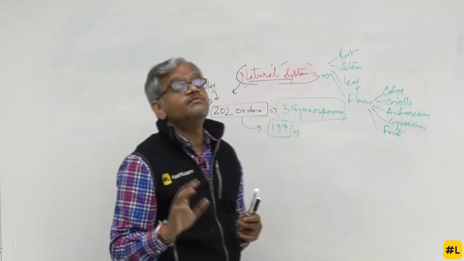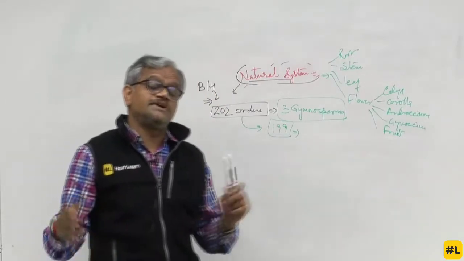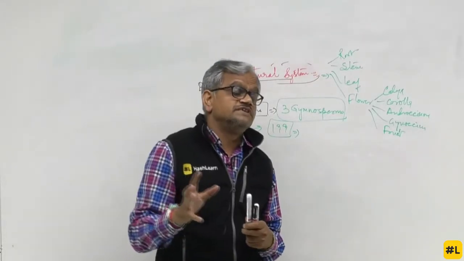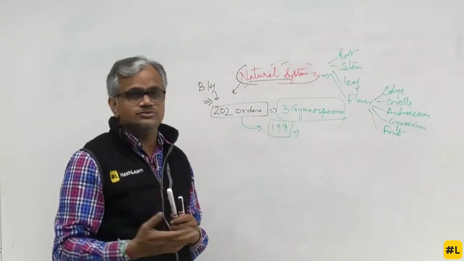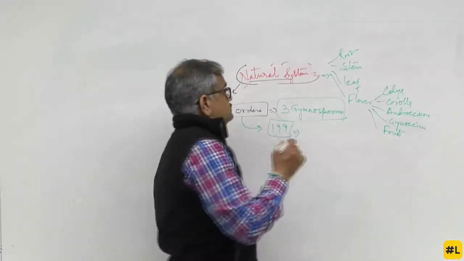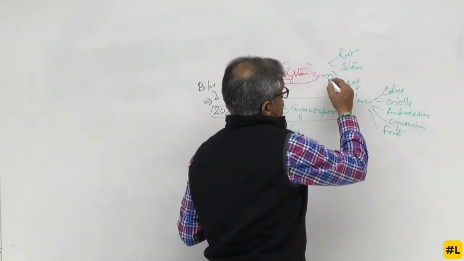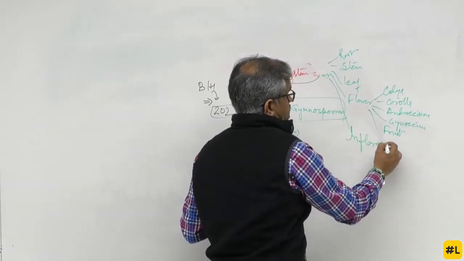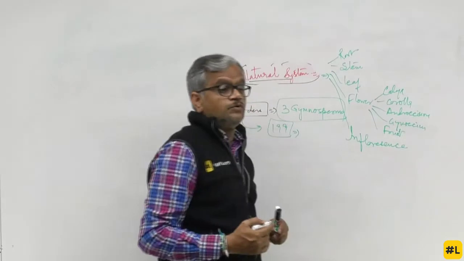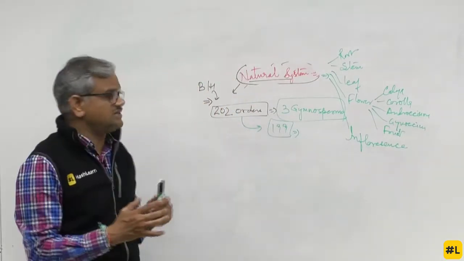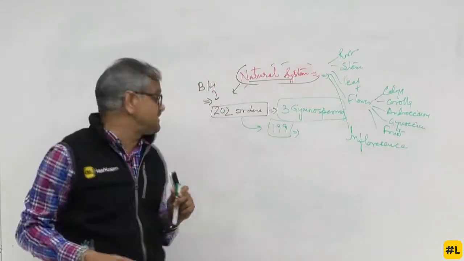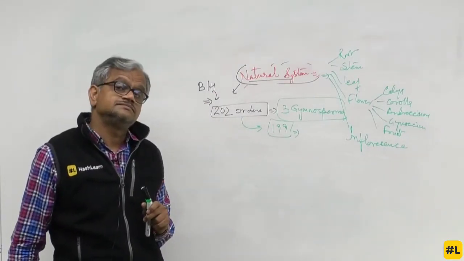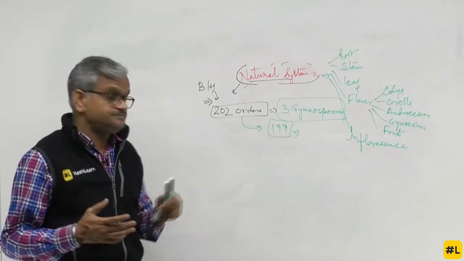Then fruit, what type of fruit it is, schizocarpic, dehiscent, indehiscent, whether it is capsular, non-capsular, and so on and so forth. Then inflorescence, how the flowers are arranged. So if you talk about any feature, everything this gentleman has taken, that's the reason I am telling you. He has done 202 orders, right?